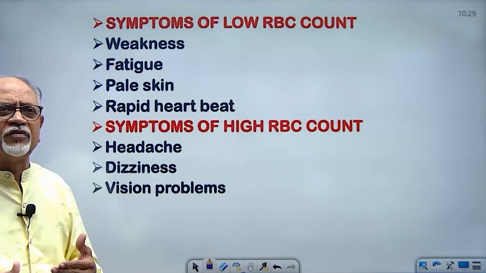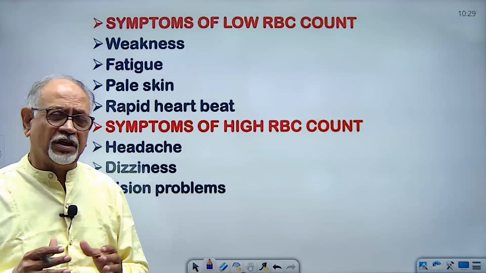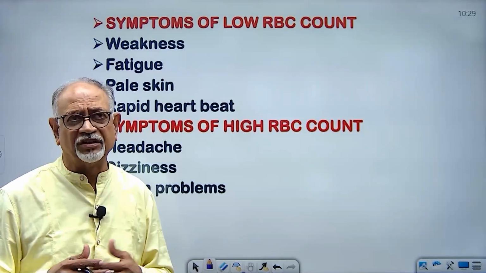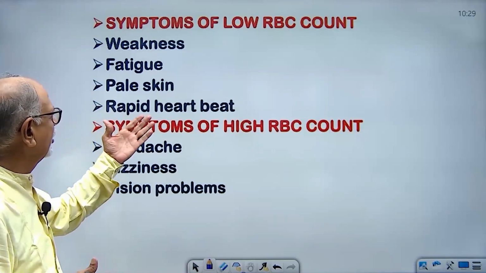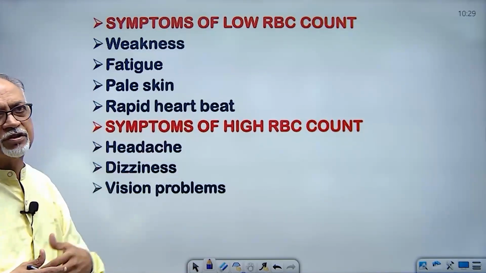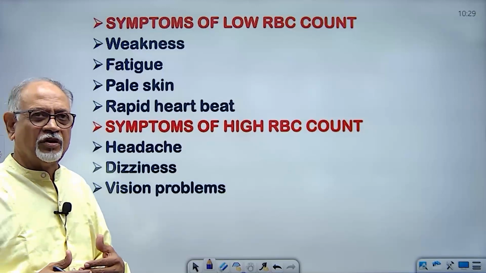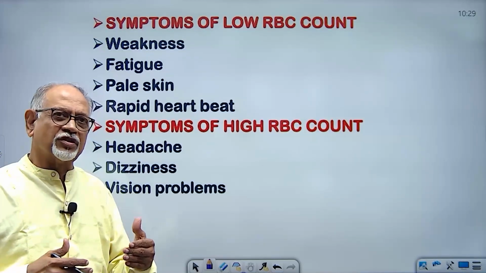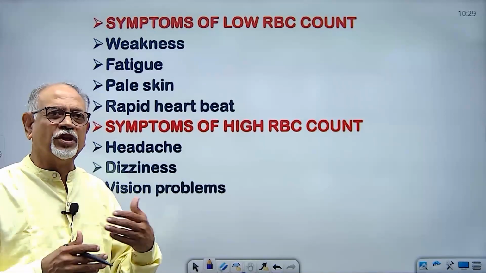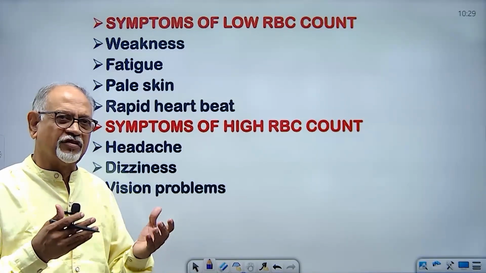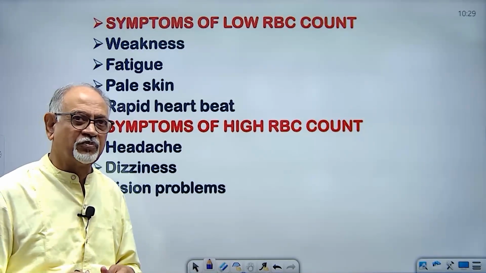The redness of skin is due to the red pigment of blood, that is hemoglobin. So, if it is less, then the skin becomes pale. Then rapid heartbeat, to cope up with this situation, to increase the cardiac output so that the tissue gets sufficient amount of oxygen.